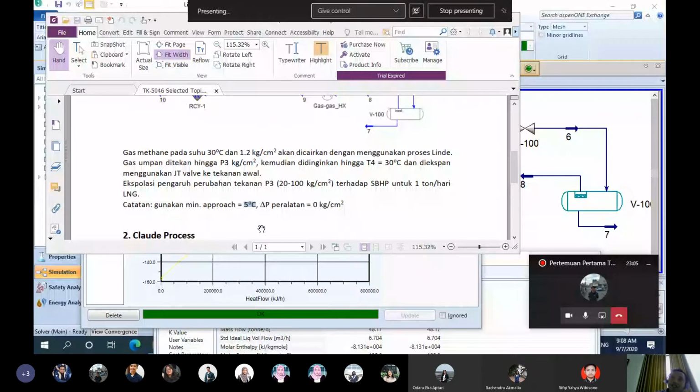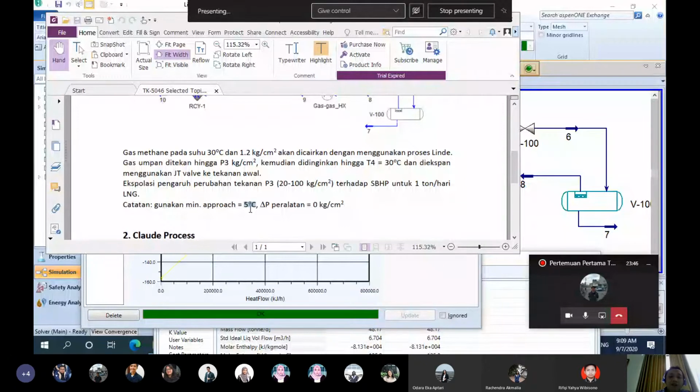It means that if there is a circulation, for example for cooling or heating, and you use a lower minimum approach, the flow rate for circulating the heater or cooler will be lower. But on the opposite side, a lower minimum approach means you have to provide a higher surface area of heat exchanger. But the efficiency will increase.